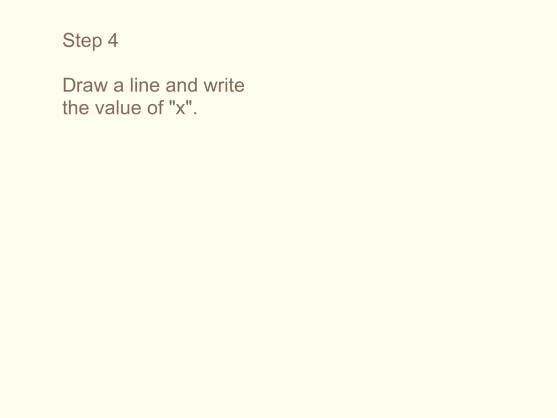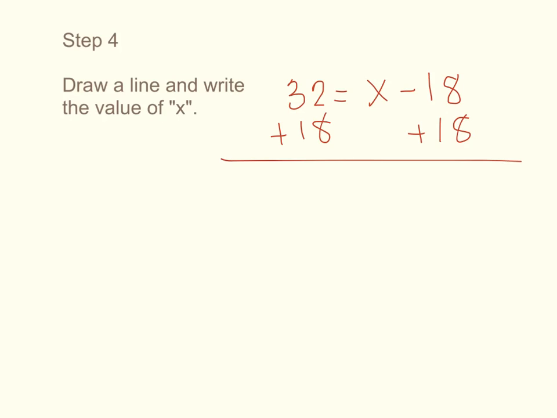So while you're copying this down, I'm going to write our equation as it was when we first started. Excuse me, let me get rid of that. All right, so draw a line and write the value of x. We had its opposite. We did it to both sides, and now we're going to draw a line.